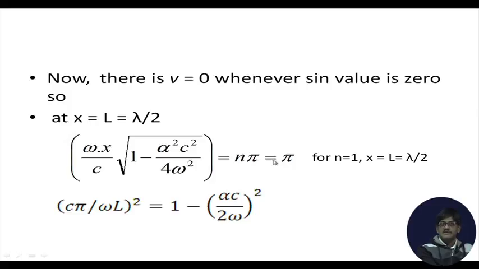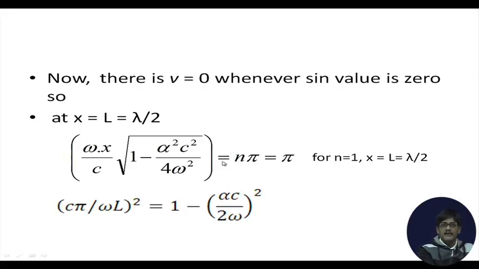So on this side you have pi, and in place of omega, where's omega? Oh, right, we have sent c to the other side, so it's c pi divided by omega x, and in place of x I have put length. Whatever be the length, at this moment we are simply putting length.